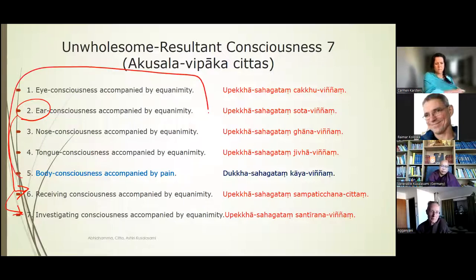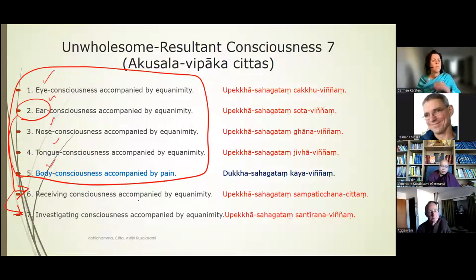If you have an unpleasant and undesirable object from the eye, ear, nose, tongue, or body, you have to continue to receiving. It's a continuation of these 5. So all these 7 unwholesome resultant consciousnesses are caused by the 12 unwholesome consciousnesses, the bad karma. So this is unwholesome resultant consciousness.